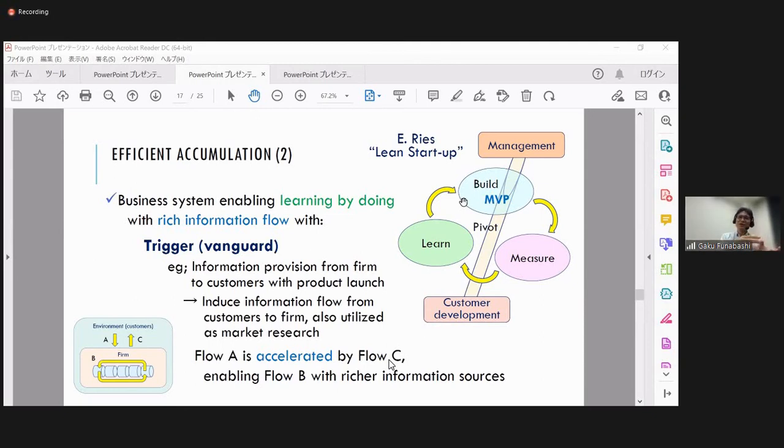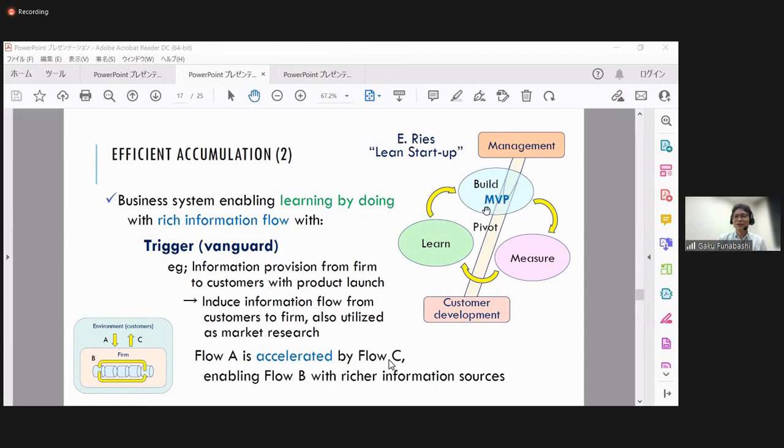If you think you can make the prototype of the products, immediately send it to the customer, ask them their opinions. And that is why he used the word minimum. No, you don't have to prepare maximum products. Just prepare the minimum products, not perfect products.